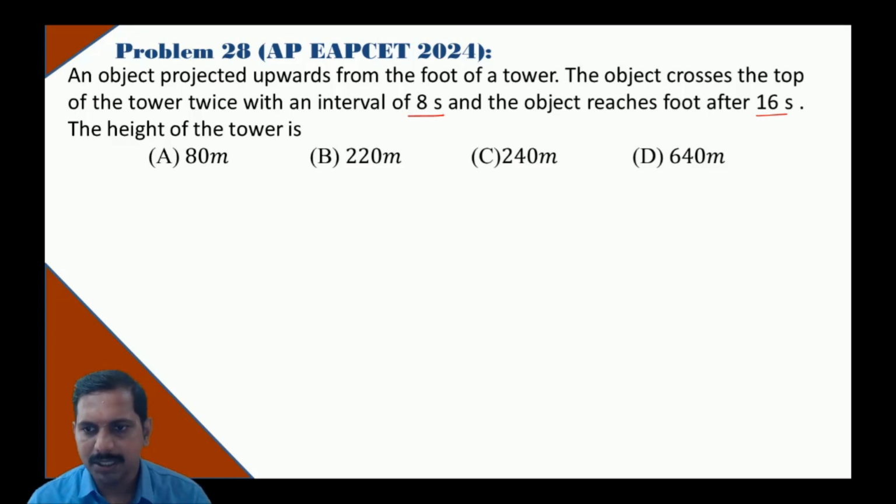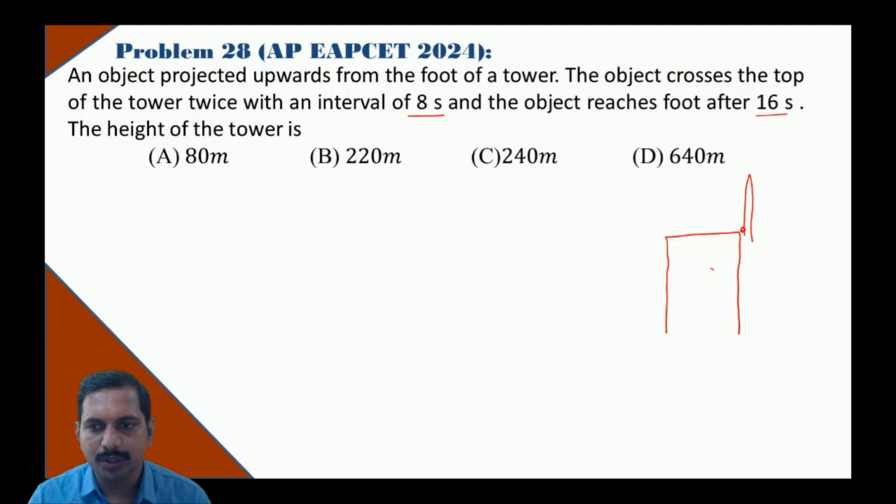So the question is, you have a tower and from that tower, I'll write it neatly. So here, if you have this tower here, a particular object crosses the top of the tower twice with an interval of 8 seconds.